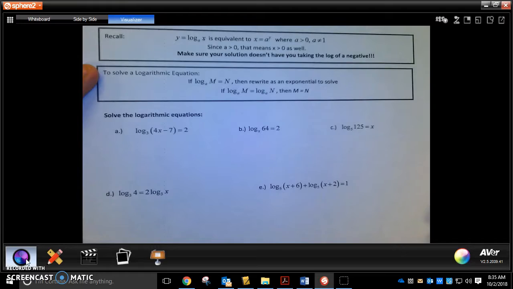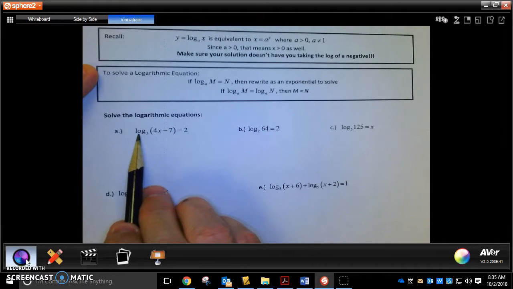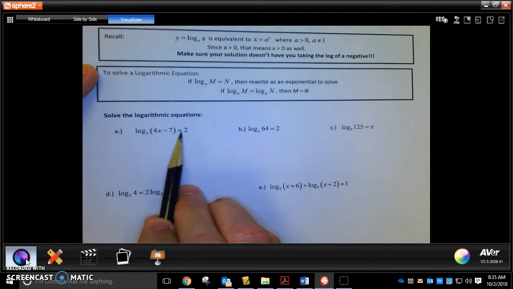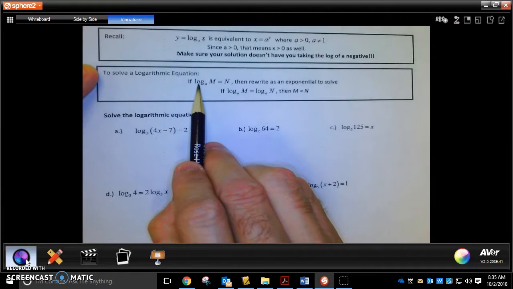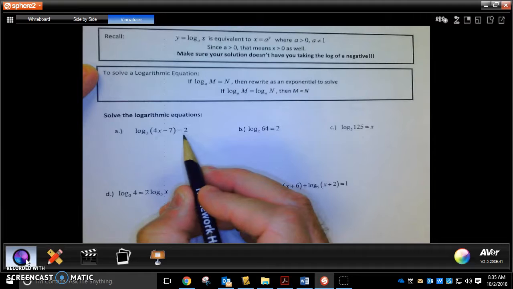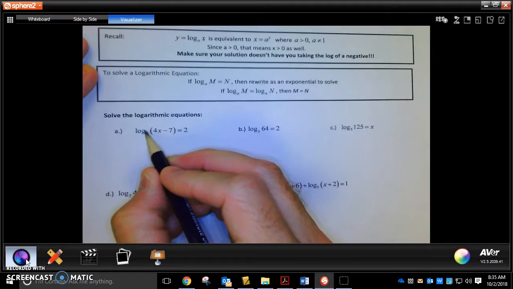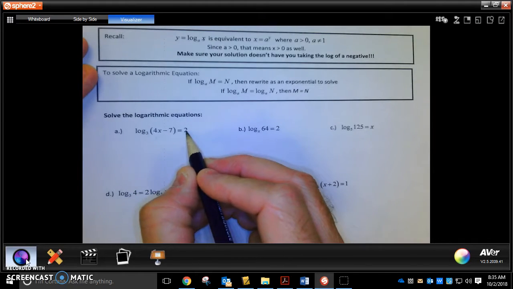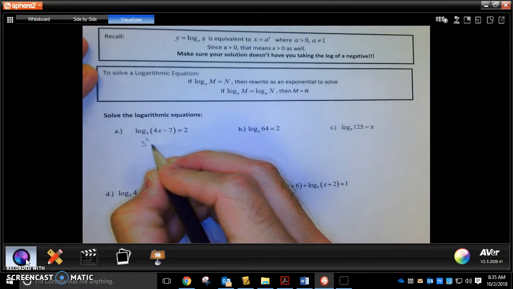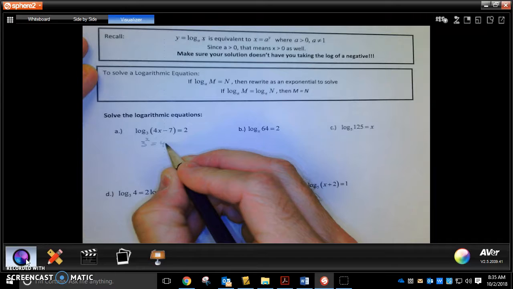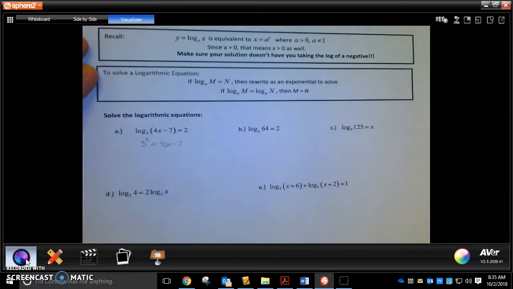Let's solve some equations. So very first example, log base 3 of 4x minus 7 equals 2. This is kind of our first situation here where we've got one logarithm. So let's just rewrite this as an exponential. This base to this power. So 3 to the second power equals, and then the 4x minus 7.